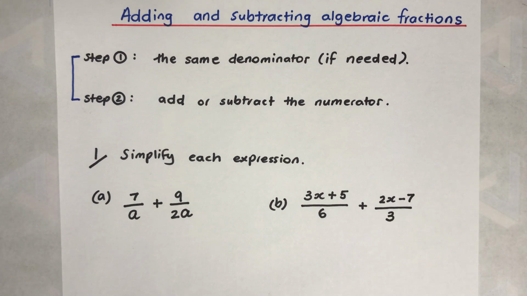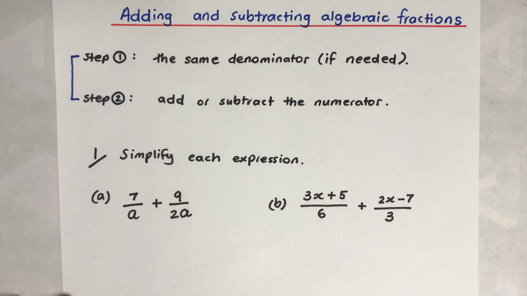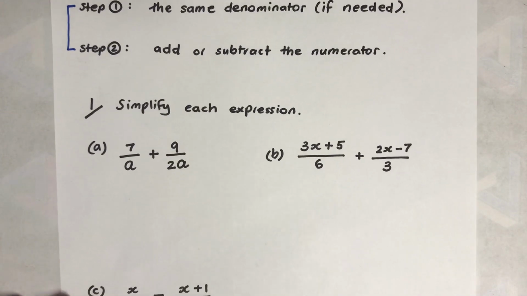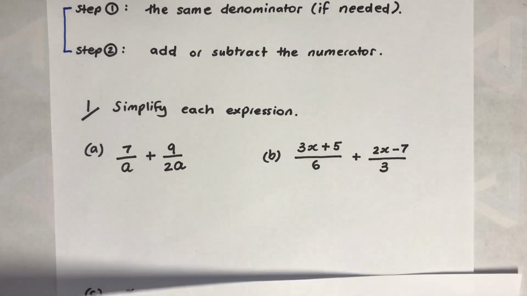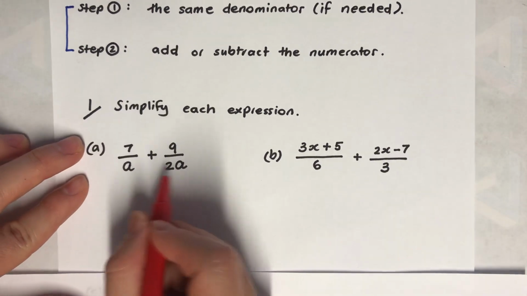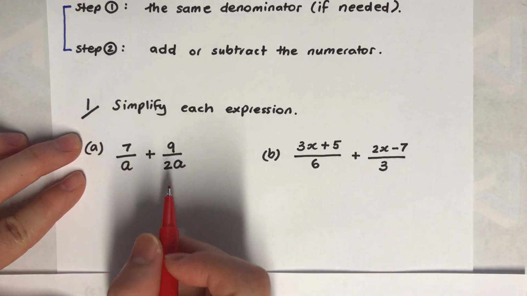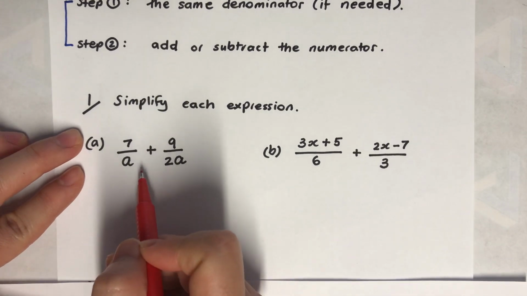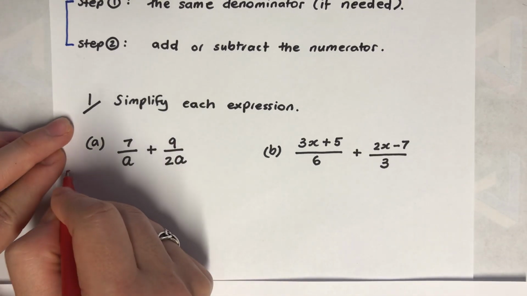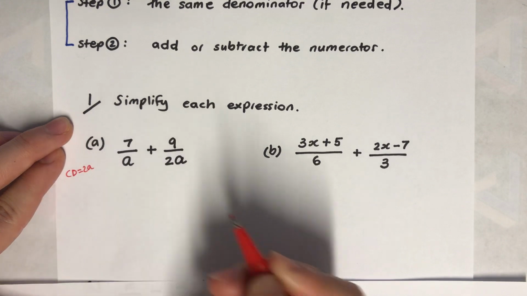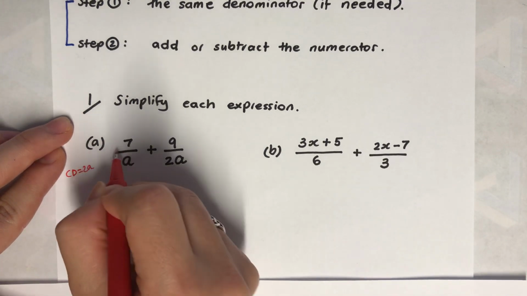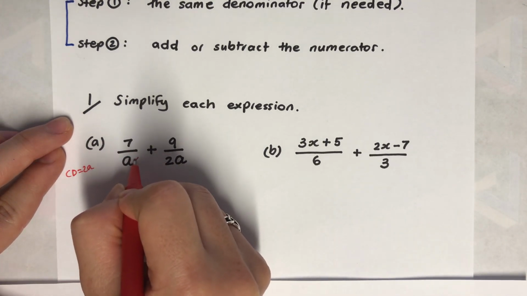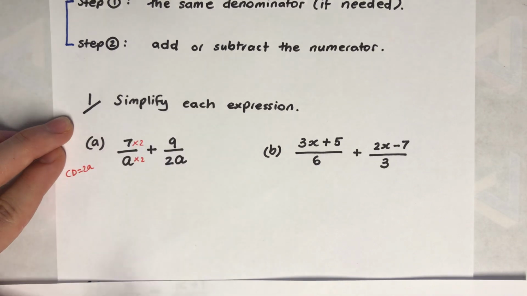Question 1. Simplify each expression. Part A. Obviously, the denominators are different, but it's not too bad. It's a 2a and an a. So I want to make the common denominator 2a. So I need to times by 2 on the top and the bottom.